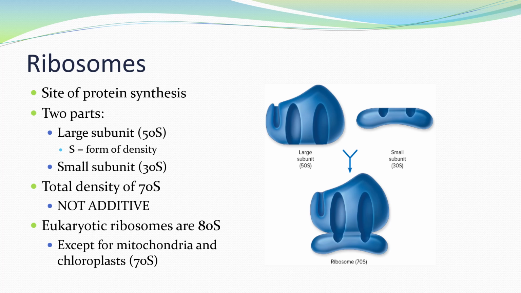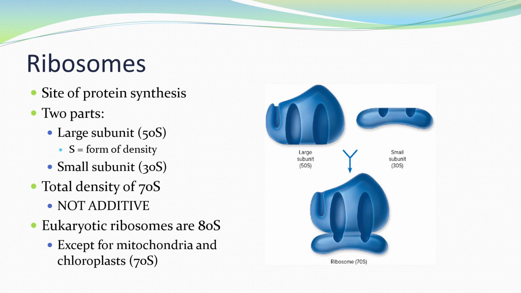So there are two parts to ribosomes. There's a large subunit and a small subunit, and I do want you to know the size of these subunits. The unit that you can use for these guys is S. It's just a form of density. So the larger subunit is 50S, while the smaller one is 30S, giving these ribosomes found in prokaryotes the density of 70S.